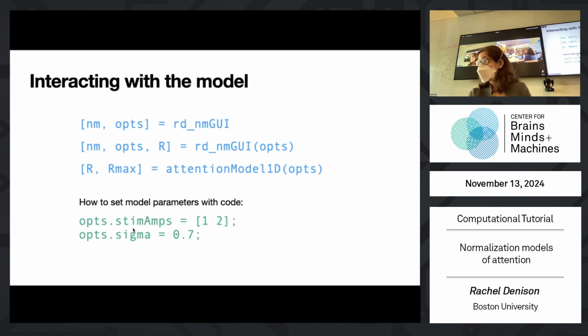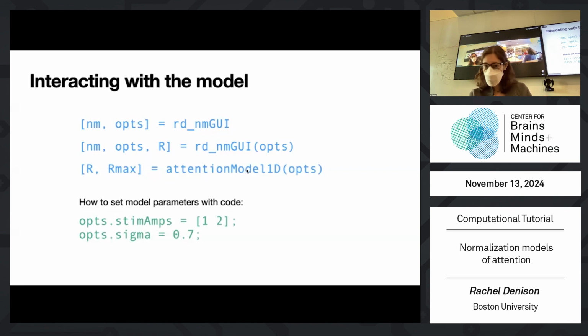All the parameters that you might want to play with are listed in the attention model 1D function. There's a whole long list of them at the beginning, and you can put any of those into the option structure.